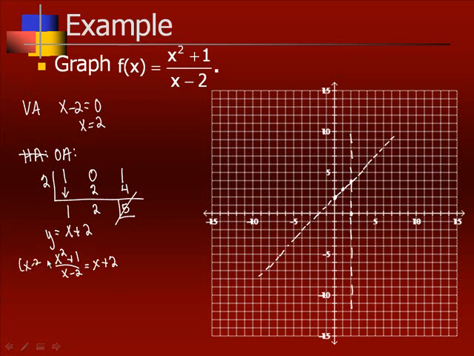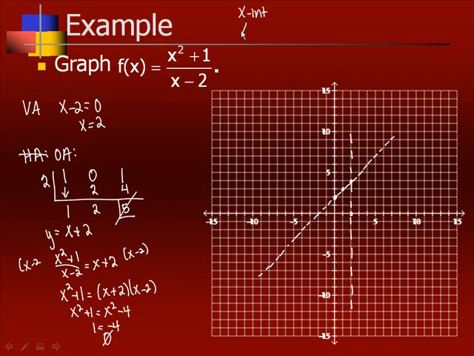Now, multiplying both sides by x minus 2, we get x squared plus 1 equals x plus 2 times x minus 2, or x squared plus 1 equals x squared minus 4. Well, subtracting x squared gives us 1 is negative 4, which means there's no solution, which means it does not cross this oblique asymptote. So now we want to find our intercepts.